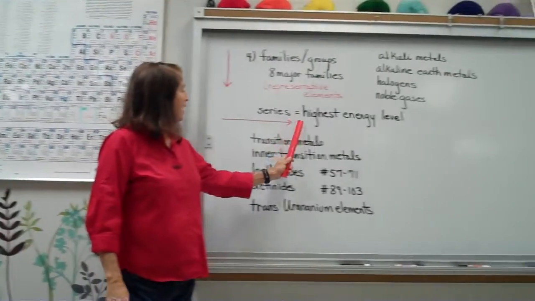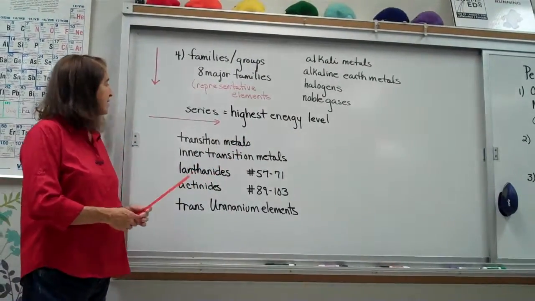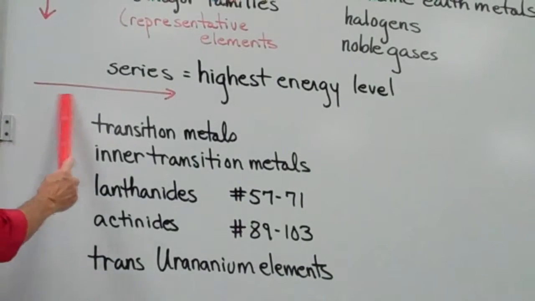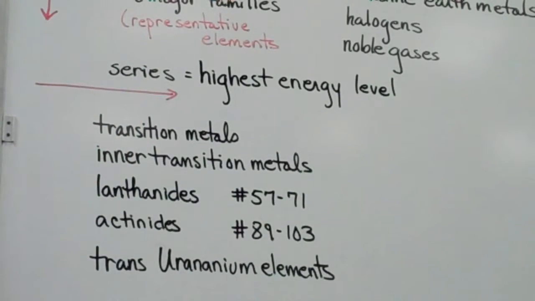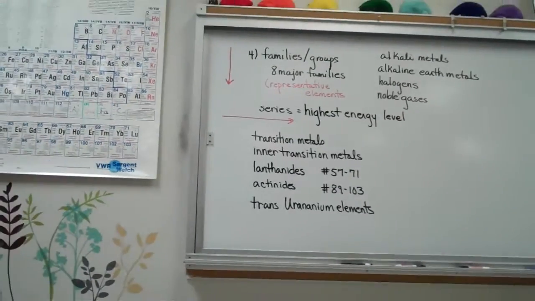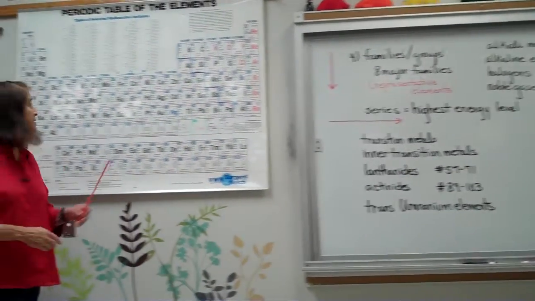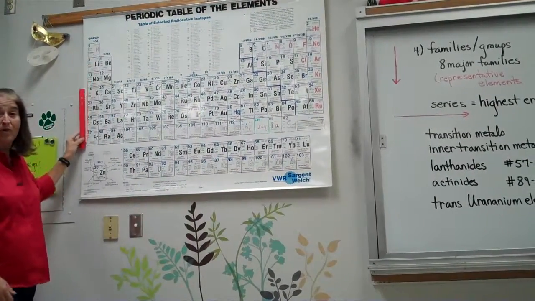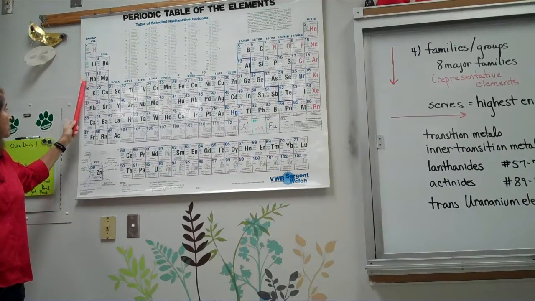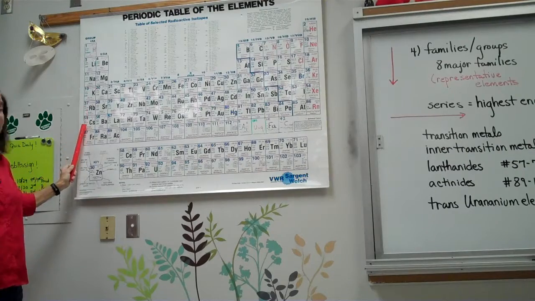Then we have our series. The series is going to be the highest energy level. And as you can see by the red arrow, this is going to be a horizontal row. If you go back to your periodic table, what you'll see is that along the side we wrote the numbers 1, 2, 3, 4, 5, and 6.